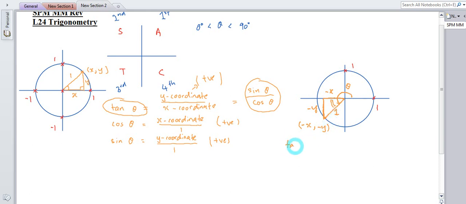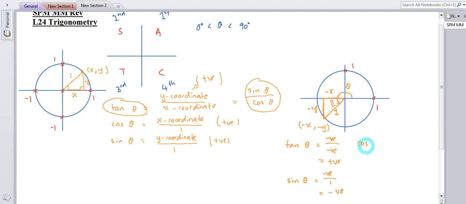Tangent theta, TOA: negative opposite divided by the adjacent side, which is negative also. So negative divided by negative becomes positive. Sine theta, SOH: this is negative, divided by 1, you get negative.